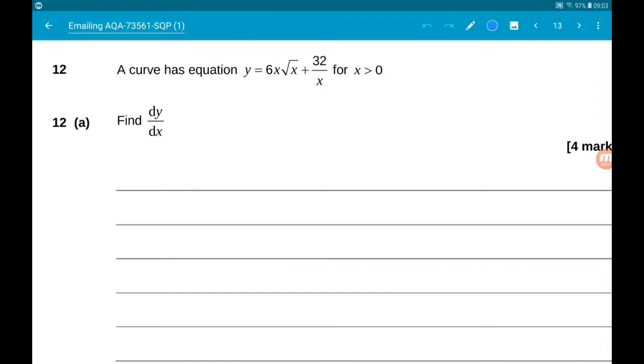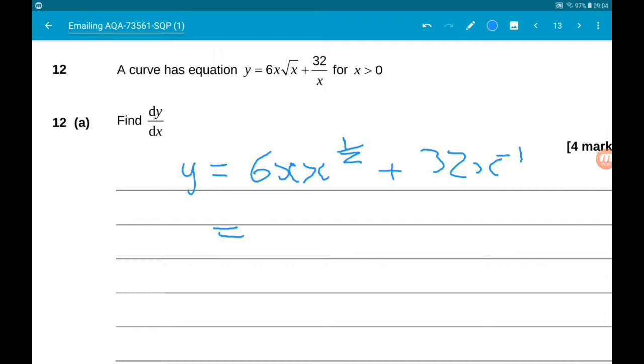So we've got y equals 6x times x to the power of a half, add 32x to the minus 1. Now, 6x times x to the half, well, x is x to the power 1.